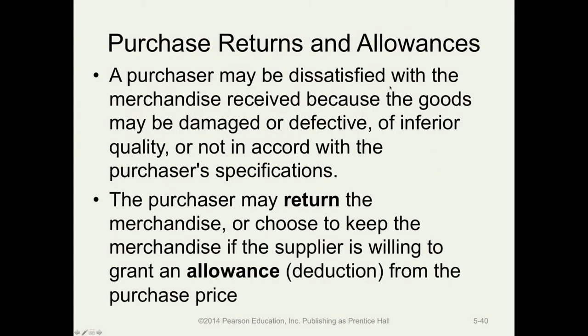Now, it's possible that, and it happens to us when we have our own purchases, you may not be satisfied with the merchandise. It could be defective. It could be in inferior quality. It may not be exactly what you ordered. It may not meet your specifications. If that's the case, you can either return the merchandise or keep it for an allowance.